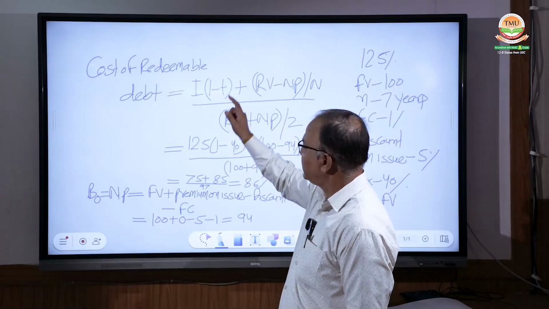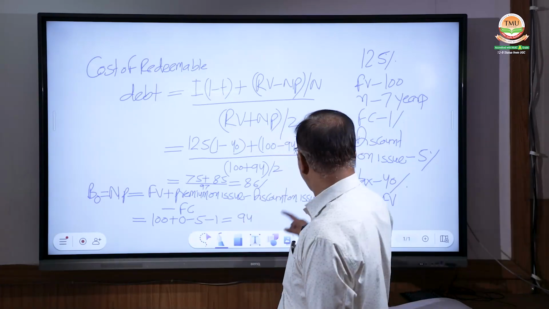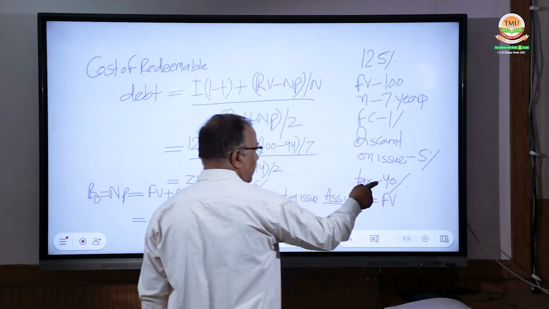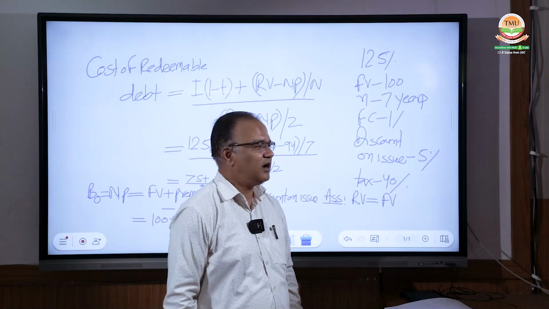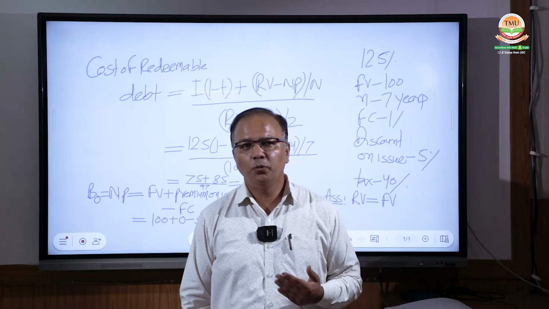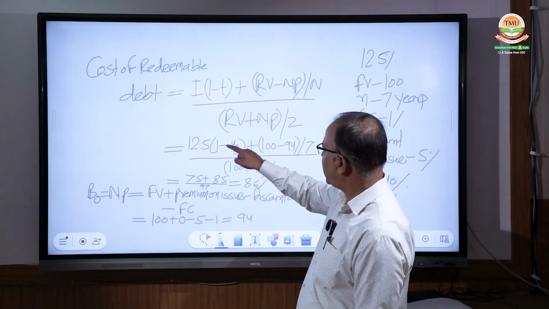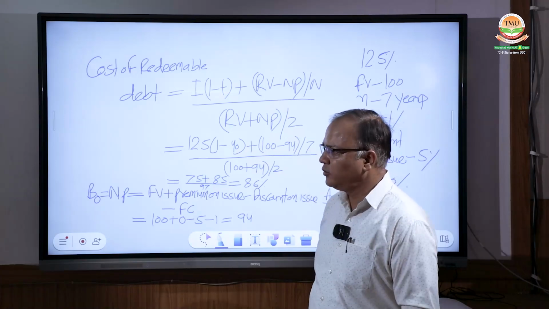Now here 1 minus t. t is the tax rate. It was given in the question, tax rate is 40%. So I use 40%. 40% you can write down 0.4. So I write here 1 minus 0.4 plus redemption value.